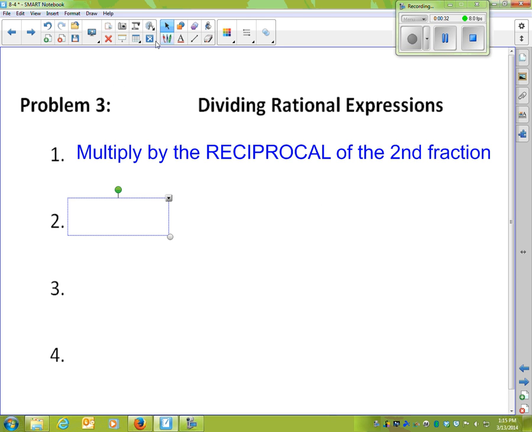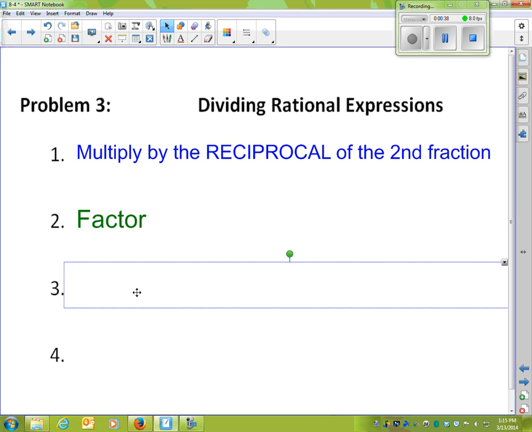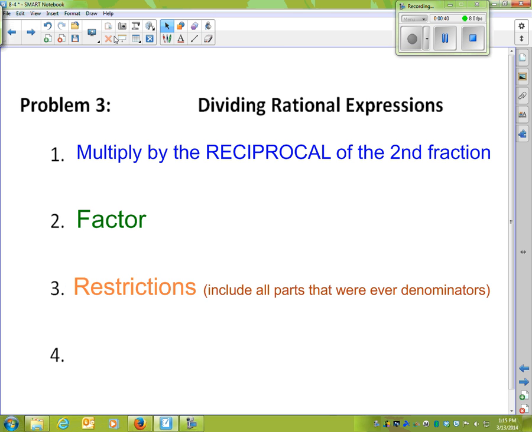Once you've multiplied by the reciprocal, you need to factor. Factor everything that you can. Once it's all factored, you need to look for restrictions. The difference on division problems is that when you come up with restrictions, you need to include all parts that were ever denominators.